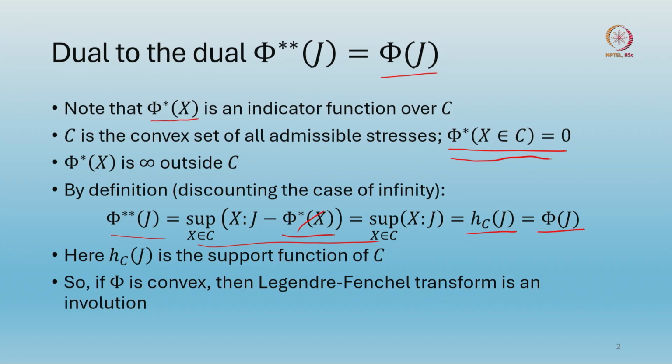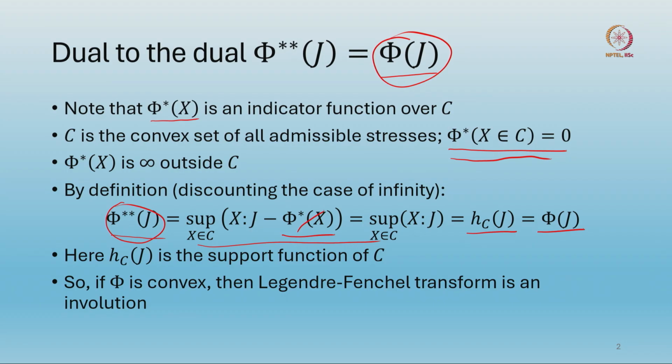Therefore, we come back to phi j being the same as phi double star j. Basically, we come back to the same object. This is not generally true. For example, here phi j is a strictly convex function. If you start with a convex function, then it is always true that phi double star will be equal to phi.